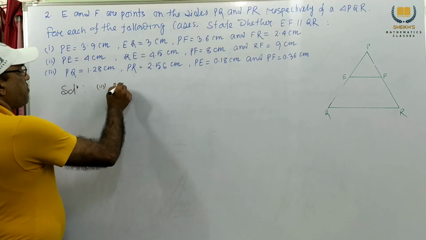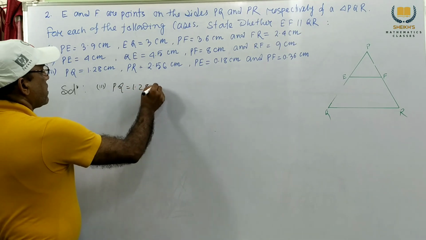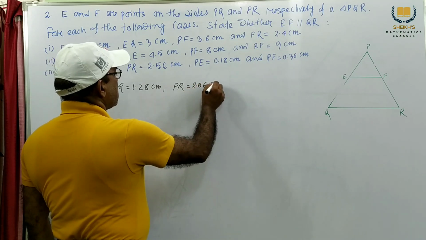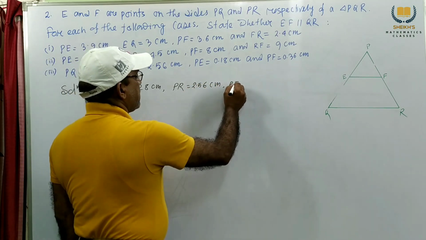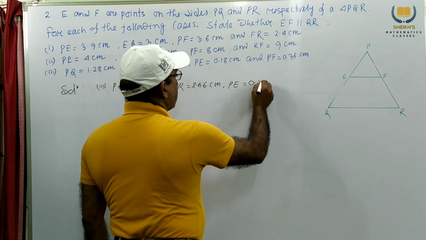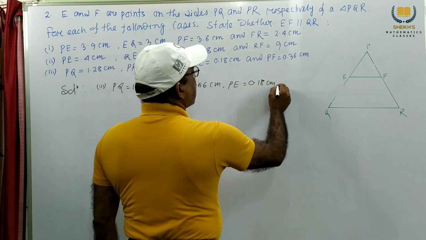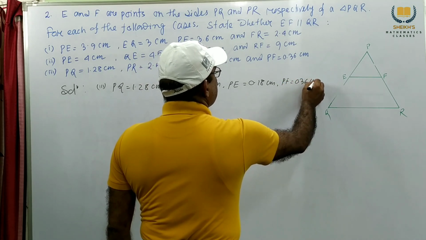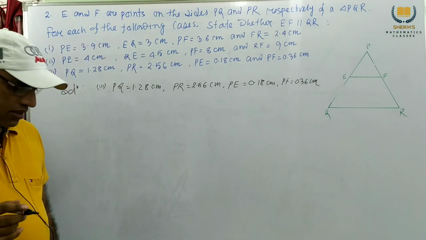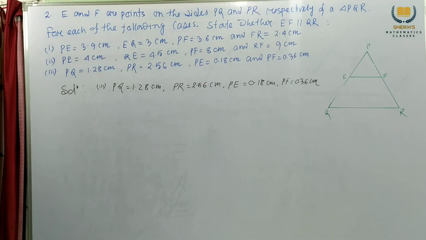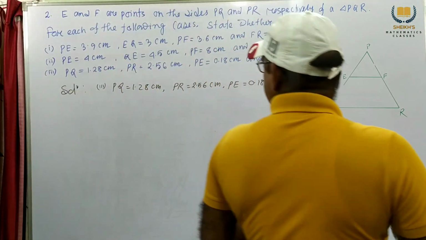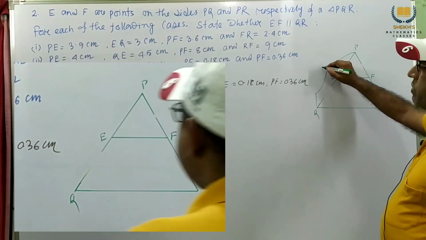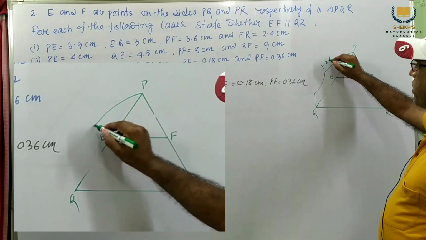Problem number 3 is given: PQ equal to 1.28 cm, PR equal to 2.56 cm, PE equal to 0.18 cm, and PF equal to 0.36 cm. If we represent it in the figure, first PQ is given, this to this, this is 1.28.